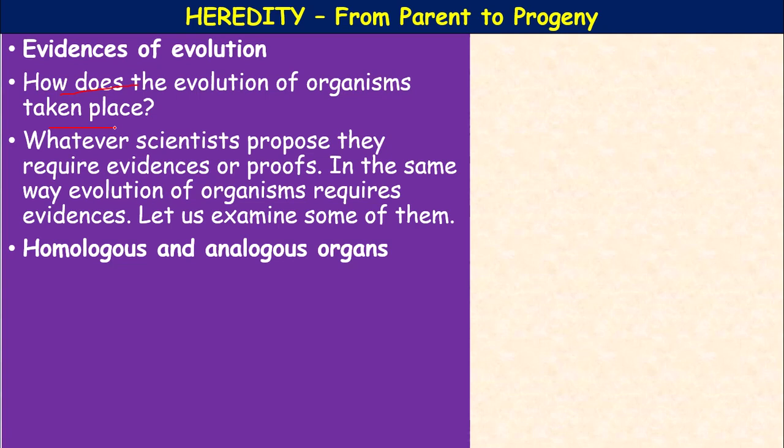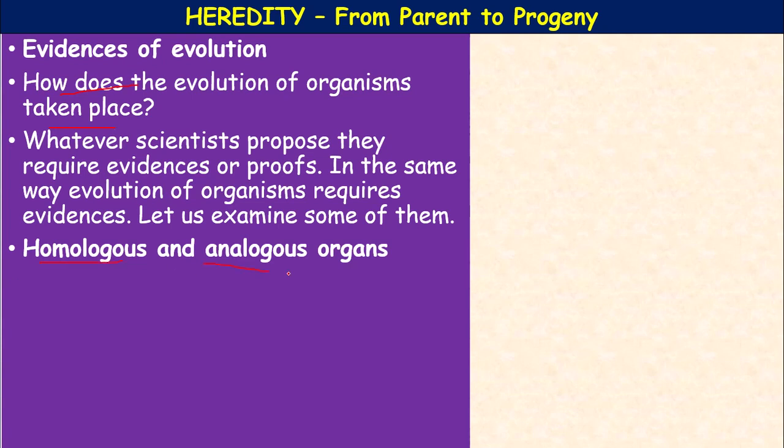For example, the seal flipper and the four limbs of a bird, bat, horse and human look different and perform different functions, but exhibit the same structural plan. It is called homology.